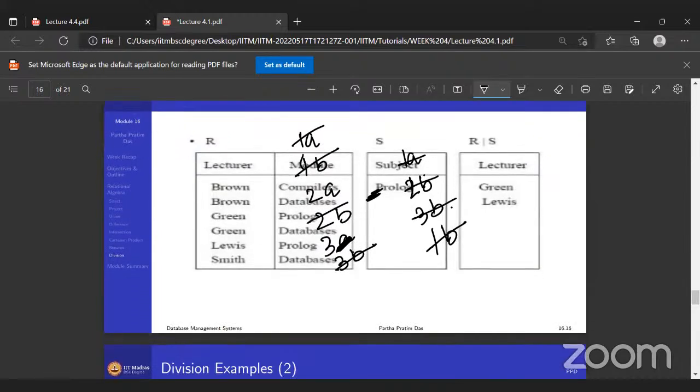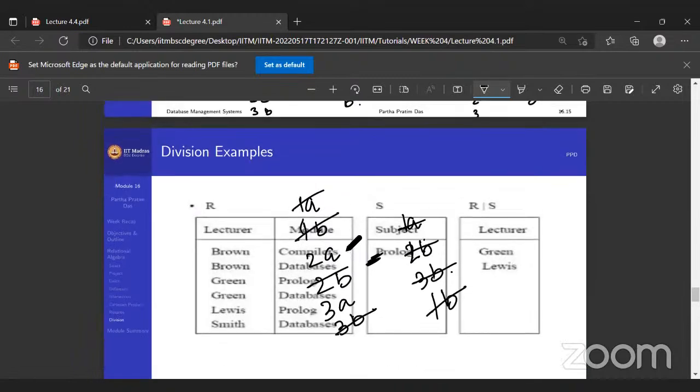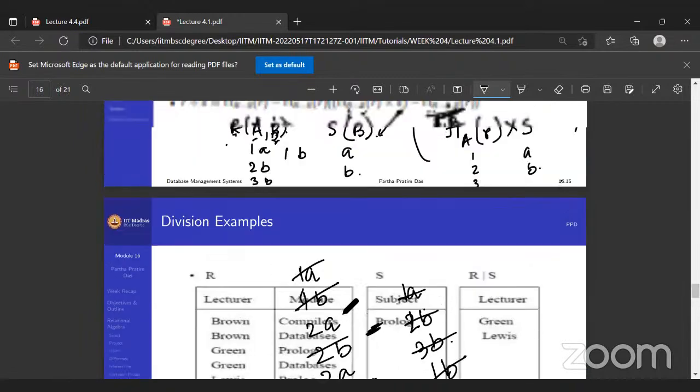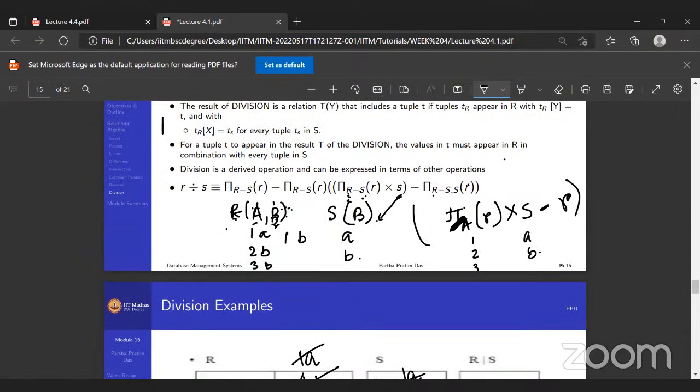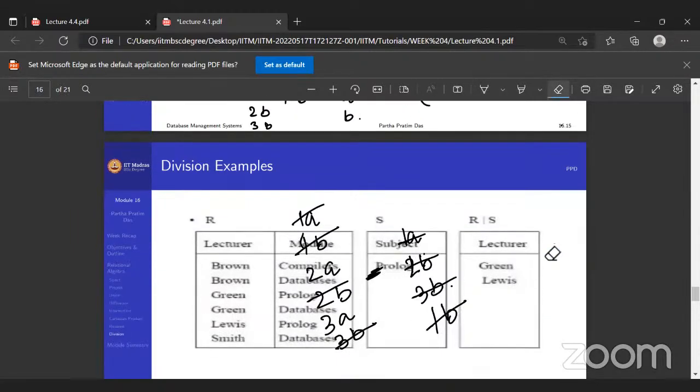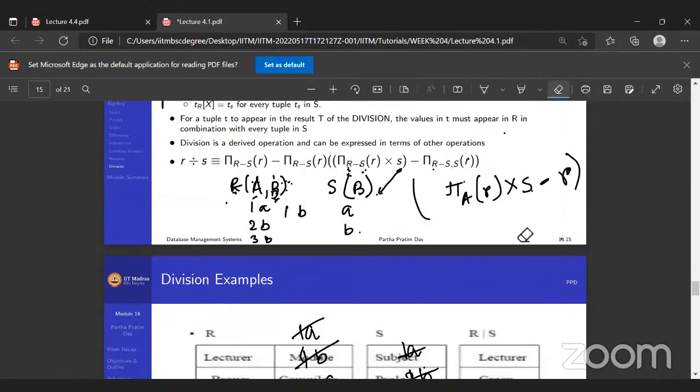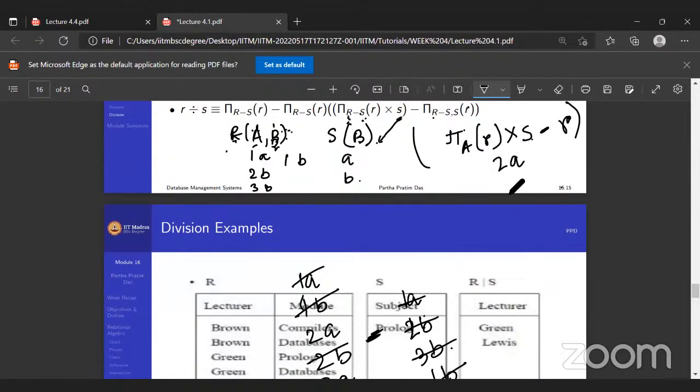So the final output of this expression, pi A of R cross S minus R, will be 2A and 3A.